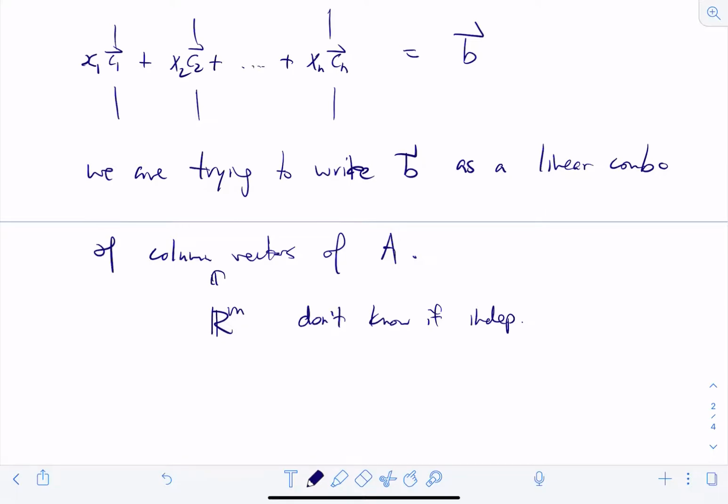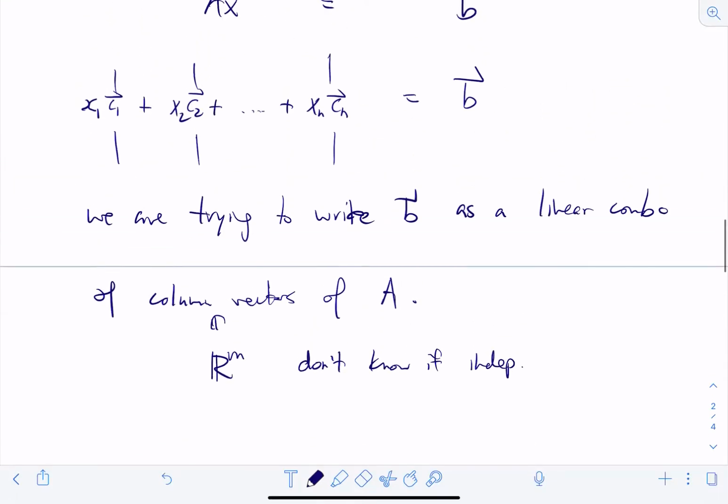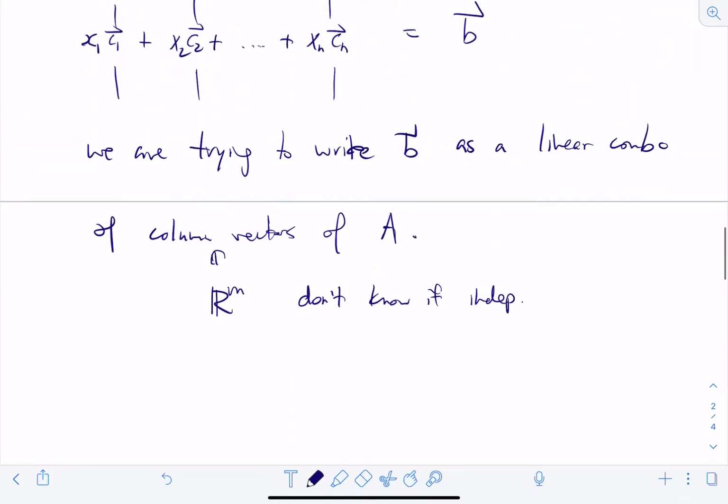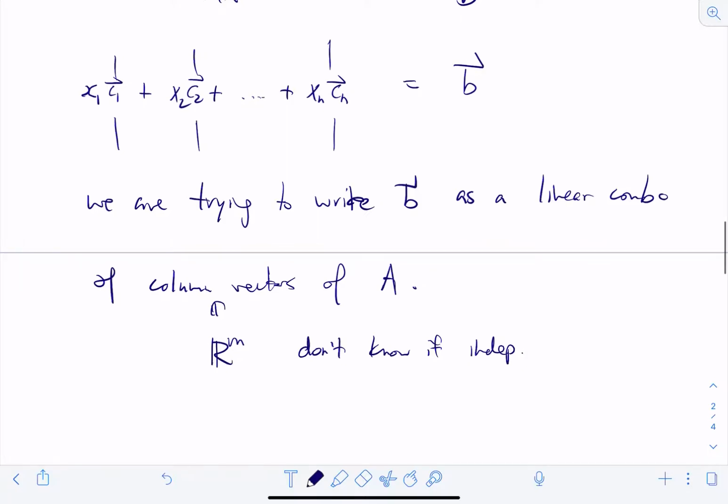So if you think about it, what we're trying to say is that b is in the image if and only if I can write b as a linear combination of the column vectors.